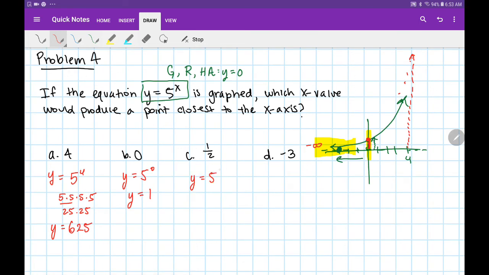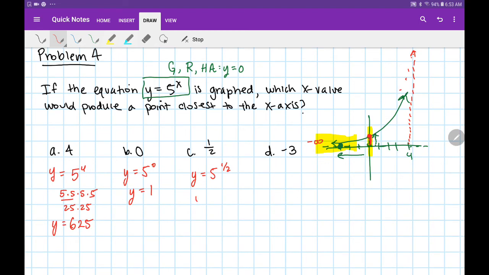If I did y equals 5 to the 1/2, remember your exponent rules, that's really the square root of 5. And the square root of 5 is 2.236. So you can see that's actually further up. And the last one, y equals 5 to the -3, that's y equals 1 over 5 to the 3rd power, which is 1 over 125.